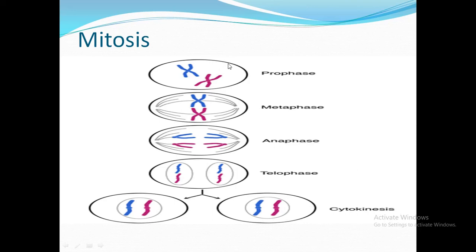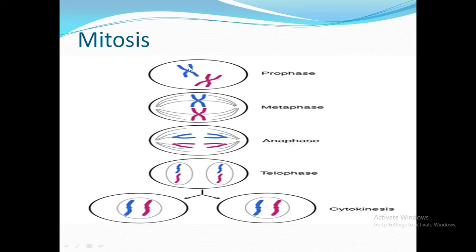What you have to note is the number of chromosomes is the same in both the daughter cells. So these are daughter cells, this is the mother cell. The number of chromosomes in the mother cell is the same as that of the daughter cell. Here the number of chromosomes is 2, here you can see it is 2, here also it is 2.